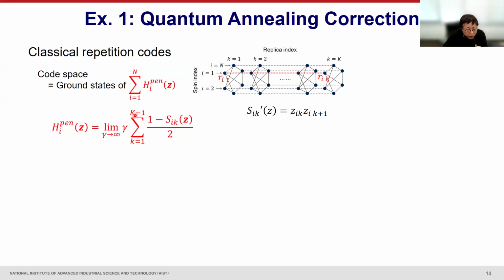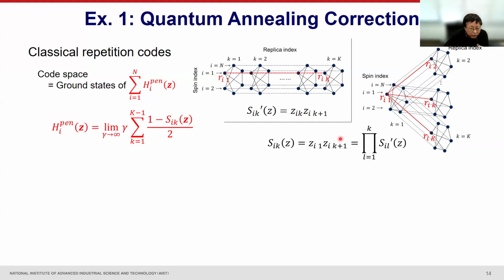In this case, the associated syndrome pattern is given by like this. Because replicas are only adjacently coupled, a syndrome pattern should have k and k plus 1 indexes. Okay.